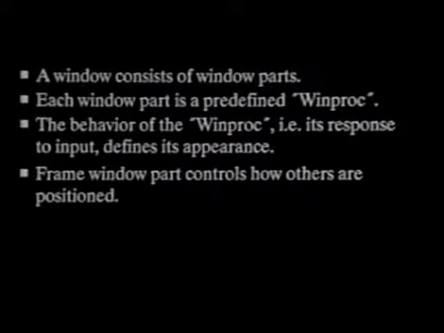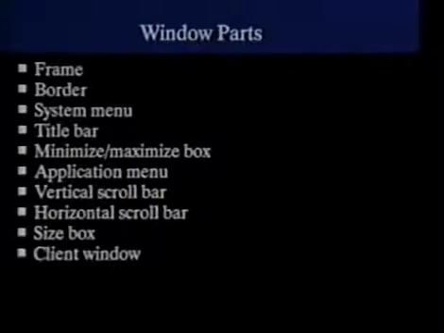A window consists of many parts. Each window part is a predefined window. So we have a window, and that window has various parts: a title bar, a size bar, system menu, scroll bars. Each of those is a predefined window that Windows defined, and they have a window proc. The behavior of the window proc and its response to input defines the window.